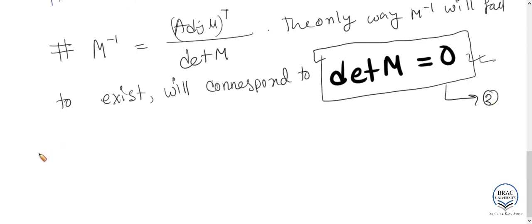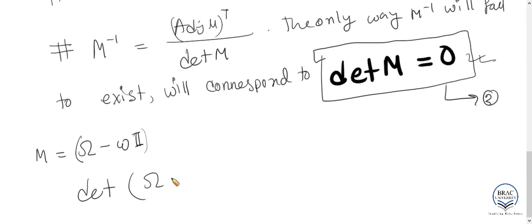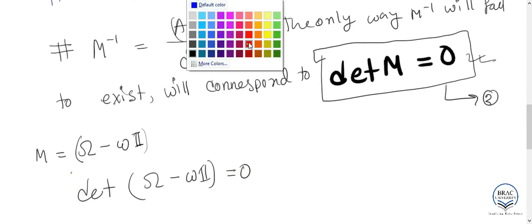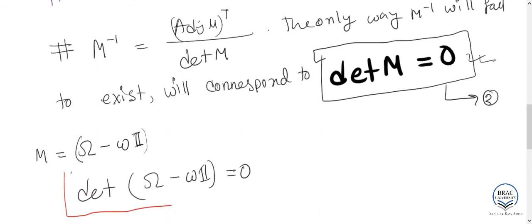So let's now recall that we wrote M as capital Omega minus small omega times the identity. This is how we wrote it. So let's just put that over here. Determinant of capital Omega minus small omega identity matrix equals 0. So this equation will play a key role in finding the eigenvalues, that is the omegas.